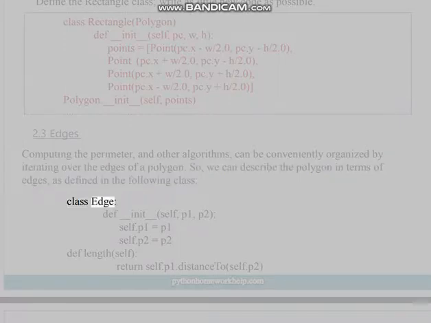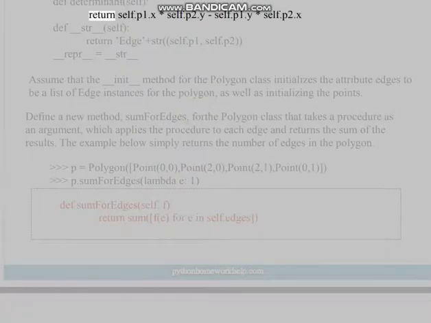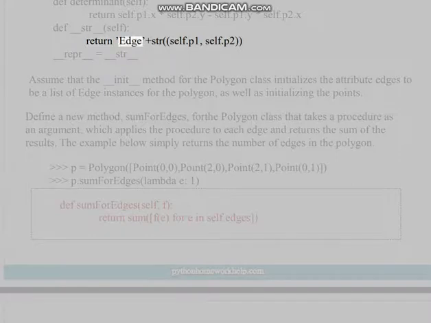Class Edge, def __init__(self, p1, p2): self.p1 = p1, self.p2 = p2. def length(self): return self.p1.distance_to(self.p2). def determinant(self): return self.p1.x * self.p2.y - self.p1.y * self.p2.x. def __str__(self): return 'Edge' + str((self.p1, self.p2)), __repr__ = __str__.